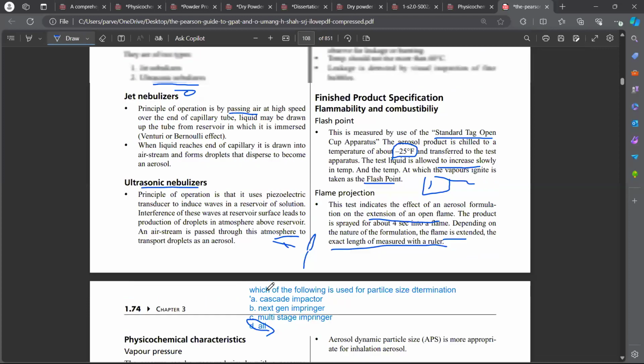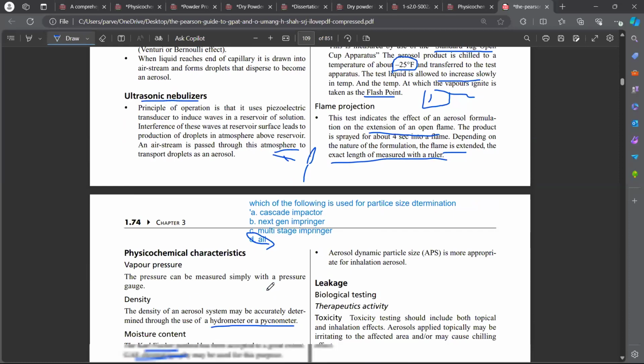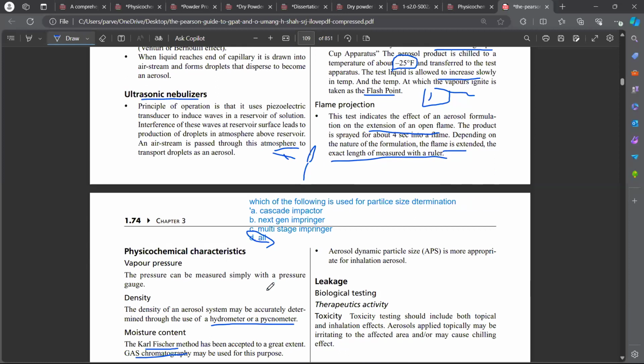And the Department of Transportation test is done for which of the following? DOT, Department of Transportation. So these are all small important things which you have to remember in aerosols.